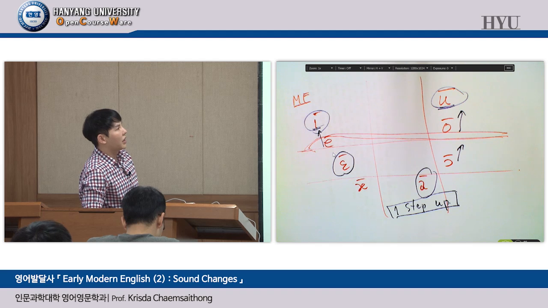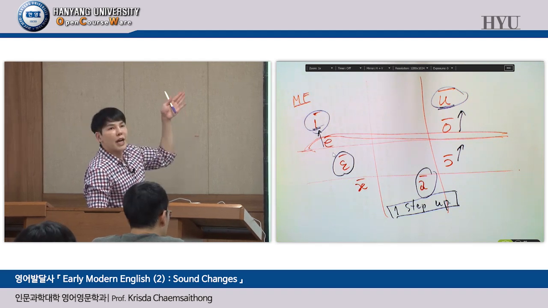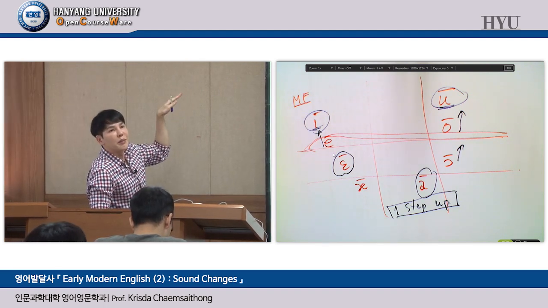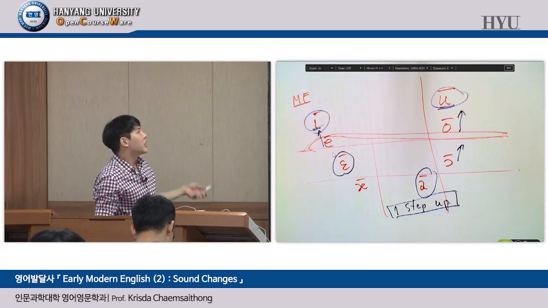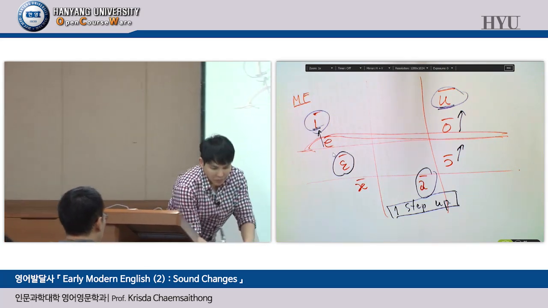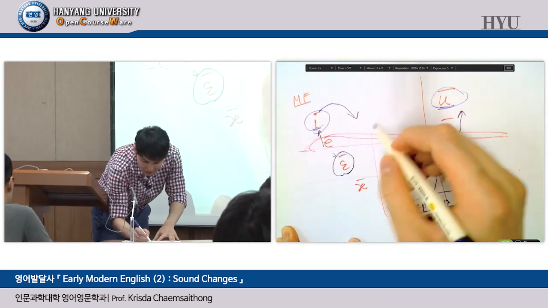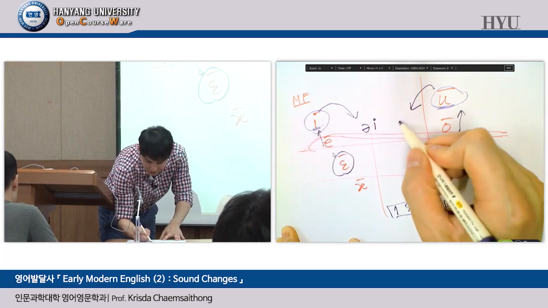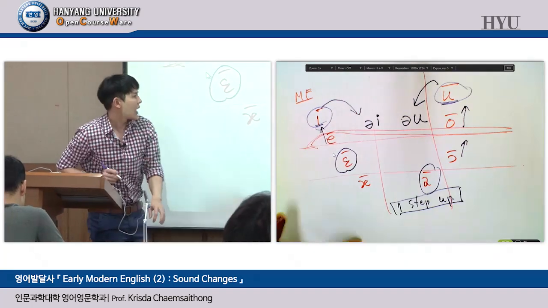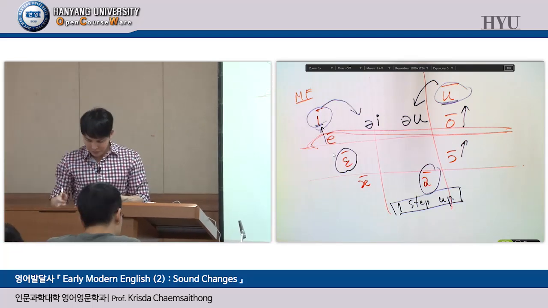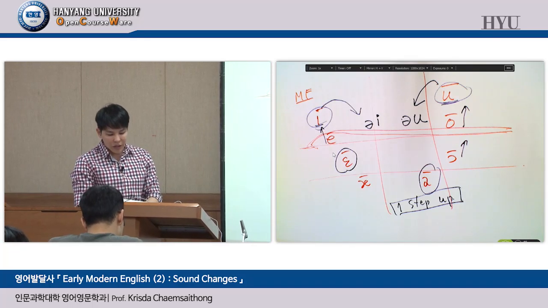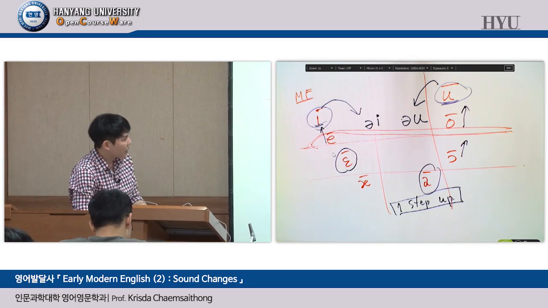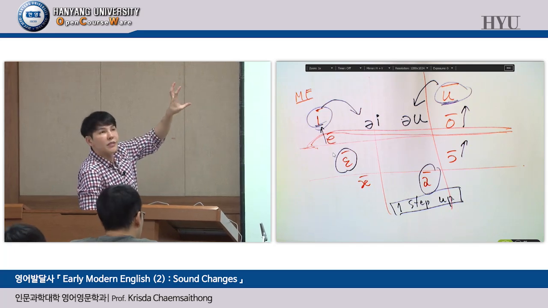So the 2 guys, the highest vowels, the long E and the long U, cannot move up any further, right? Because they are already at the top. So they became diphthongized to like this and like that. So that's what happened to the highest vowels.